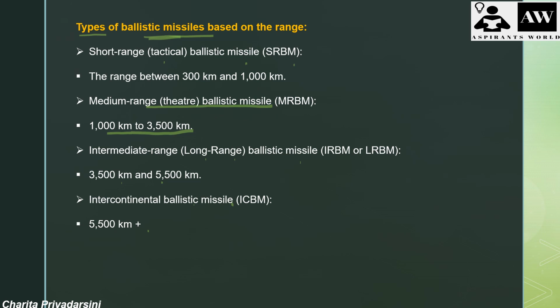So in this way we have different categories of ballistic missiles. Some are short range, some are medium range, some are intermediate range, some are intercontinental ballistic missiles, based on their targeted range.